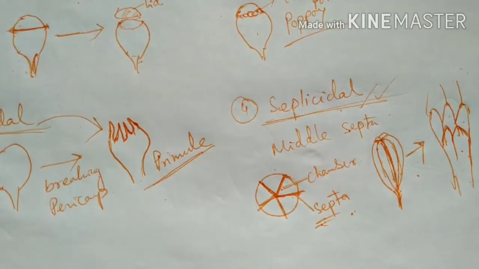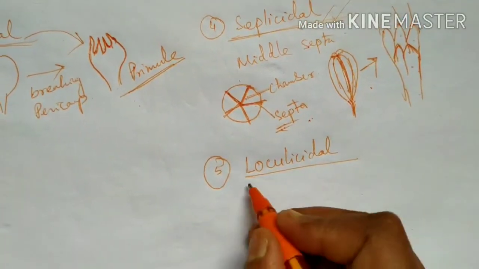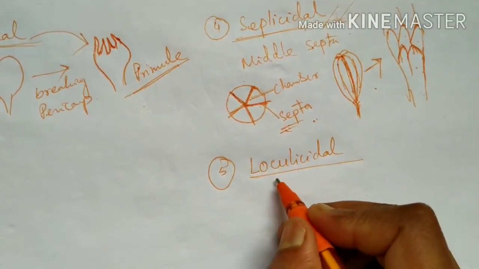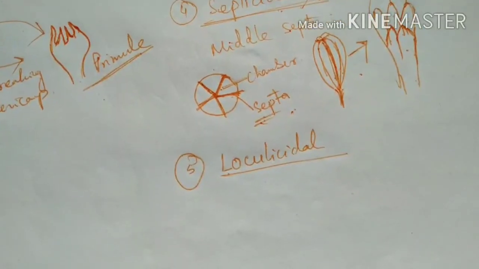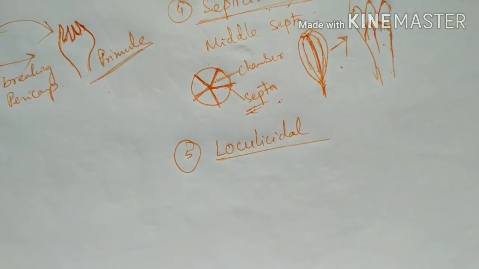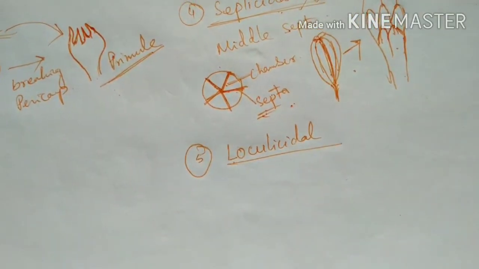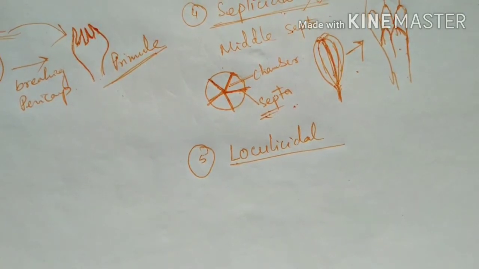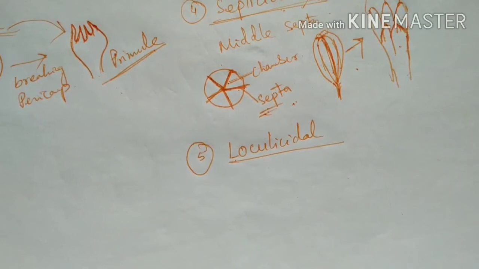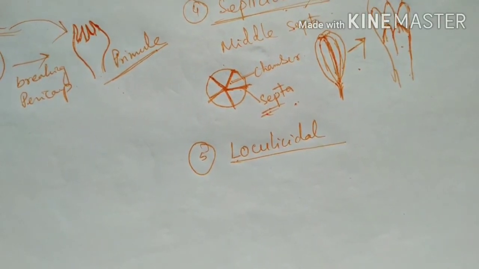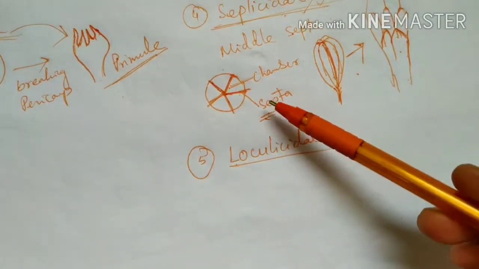Next is loculicidal type fruit. Okay, so in case of loculicidal type fruit, the capsule or fruit develops pericarp splitting through locules. So this is septa and this is chamber, right?